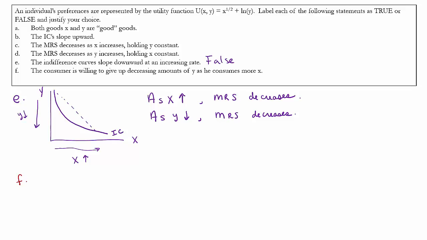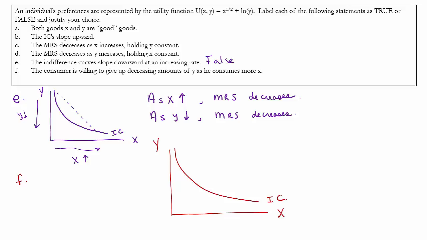Now let's look at this last statement. To determine whether the consumer is willing to give up decreasing amounts of Y as he consumes more X, we're going to draw and look at a graph. Here we see our downward sloping indifference curve, where the curve slopes down at a decreasing rate.